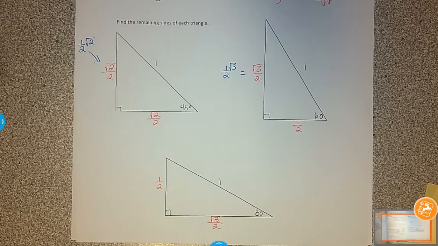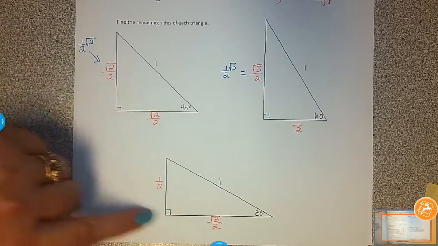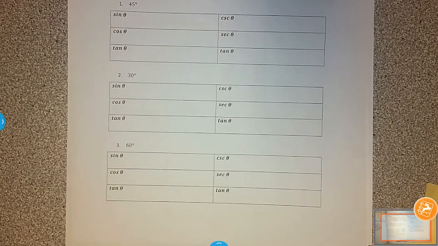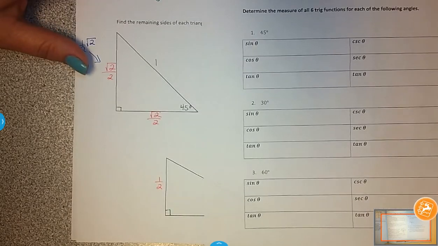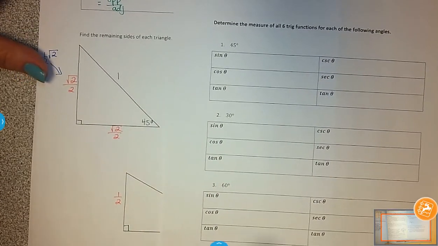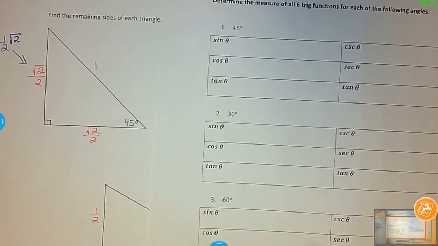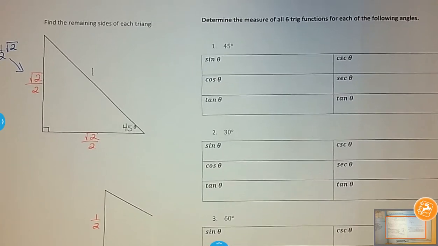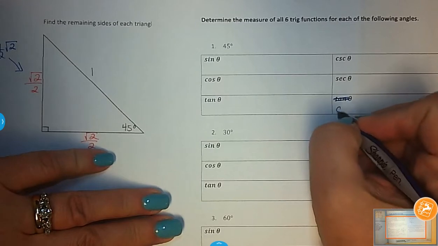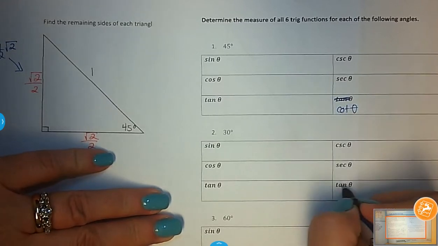So now, what we're going to do is take these triangles here and find the value for all 6 trig functions, for a 30-degree angle, for a 45, and for a 60. So what I want to do is the 45 with you. So there's my chart. And by the way, I copied and pasted the same chart here. So go ahead and fix that.